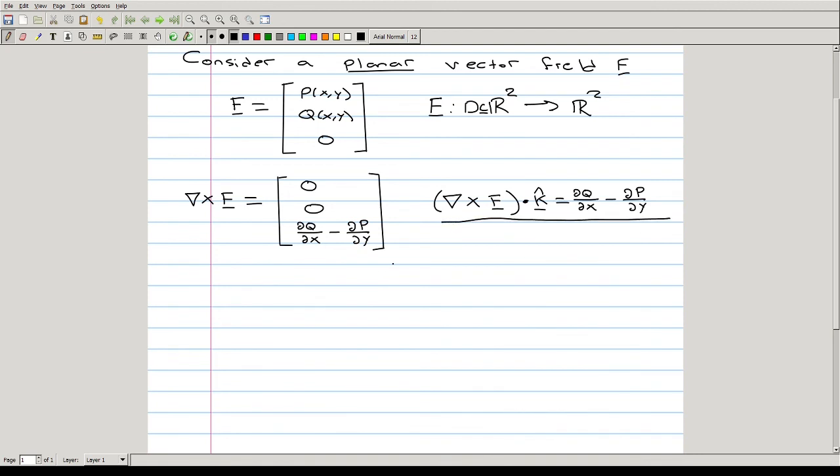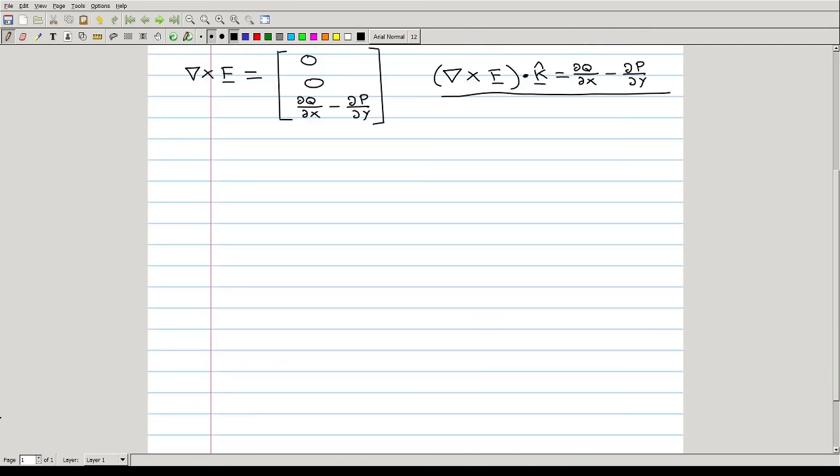So this idea is going to be very, very important to us. So we'll start with the first statement of Green's theorem.